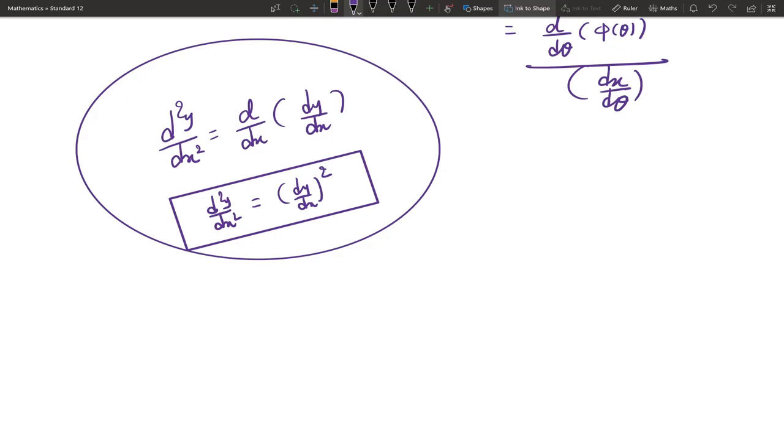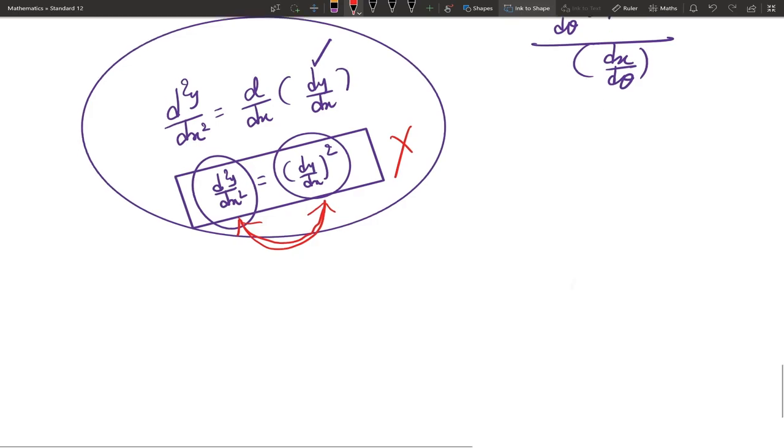So don't use it: the second derivative is not the square of the first derivative. First find dy by dx and then differentiate it with respect to x. Never use this formula.